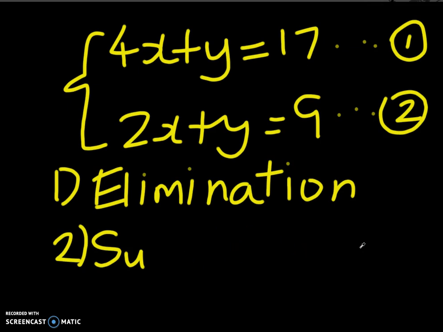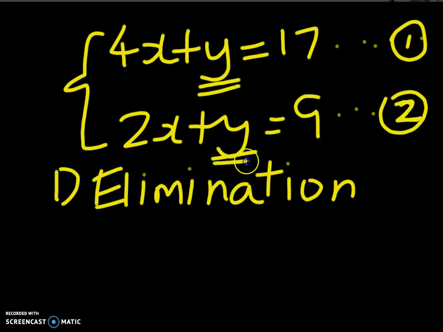To start off with, we'll use the elimination method. The elimination goes like this. We have equation number 1 and equation number 2. To eliminate, we need to eliminate one variable. Since the y and y are not multiplied by any number in front, we can easily eliminate that by subtracting these two equations.